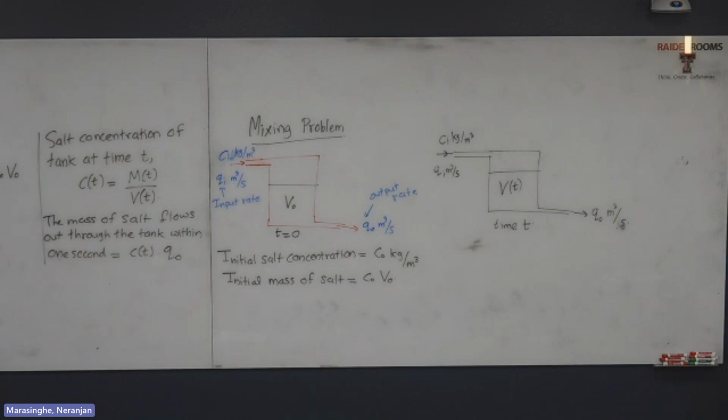So this is the input rate and this is the output rate. So we have this equation: dM(t)/dt is equal to Qi Ci minus C(t) Q naught, where C(t) is M(t) divided by V(t).